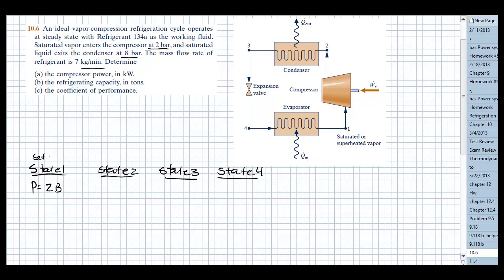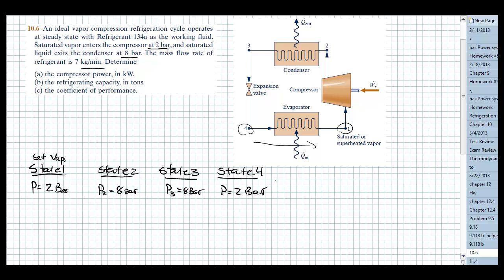For state 2, we know from the problem that after it goes through the compressor it is at 8 bar. So that means by default state 3 is 8 bar as well. And state 4, because it is directly coupled to state 1, there's no pressure change in the evaporator, so state 4 is 2 bar.